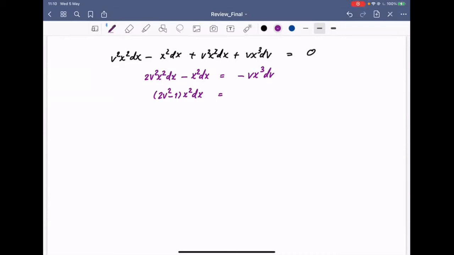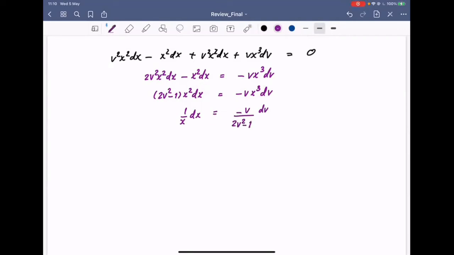On the right-hand side I get negative v x cubed dv. Moving x over, I have 1 over x dx, from grouping x squared and x cubed, and on the right-hand side I have negative v dv over (2v squared minus 1).